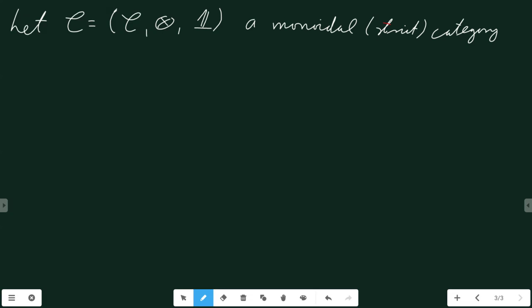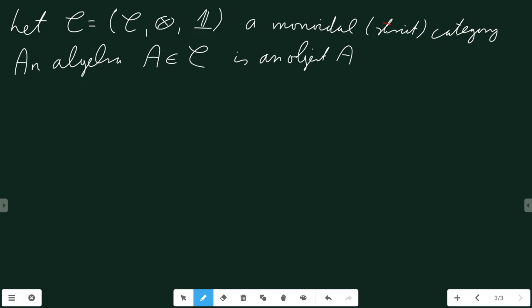And an algebra A in C is an object. I write A in C just for an object. I really should write that it's a triple: it's an A, it's a mu, and it's an iota.